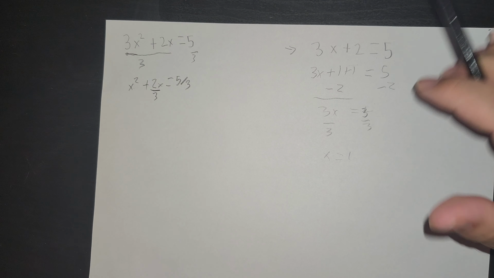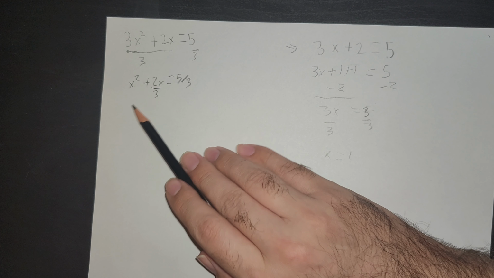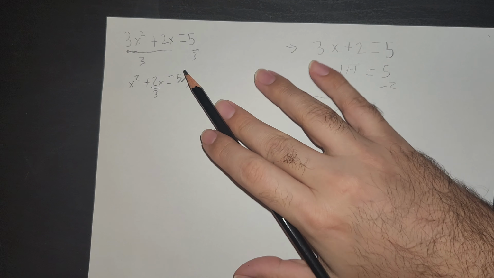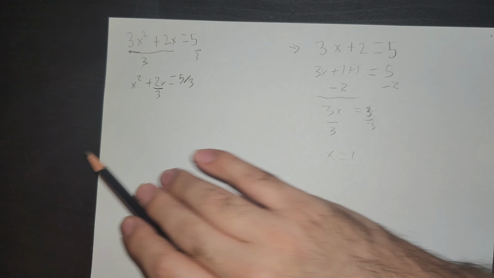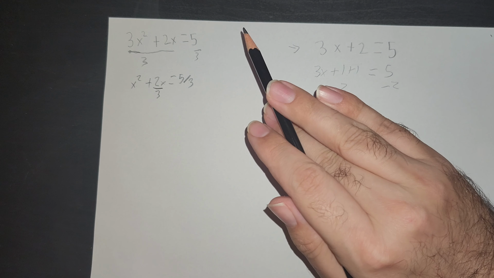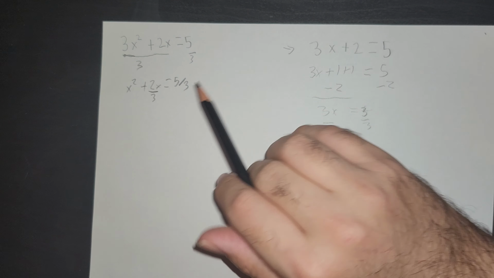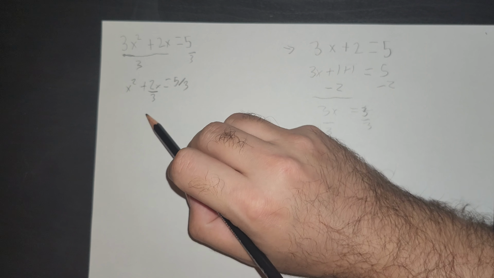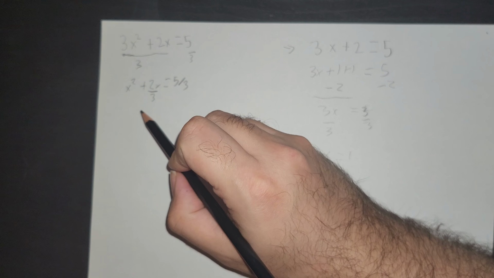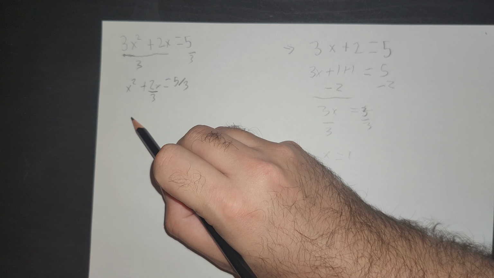Well, at any rate, so we're left with this for right now, and we could try to split the x out, but generally, in a situation like this, it's probably easiest to just complete the square.